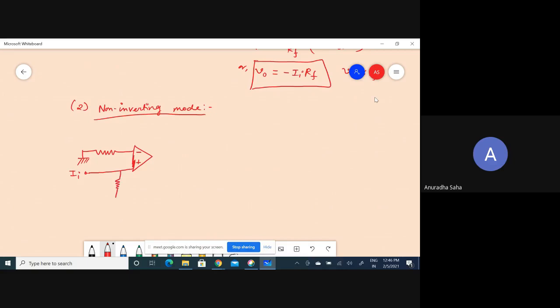From here I apply one input resistance Ri, so that at this particular node I can create one input voltage Vi, which is Ii into Ri. Why? Let me first finish the diagram.